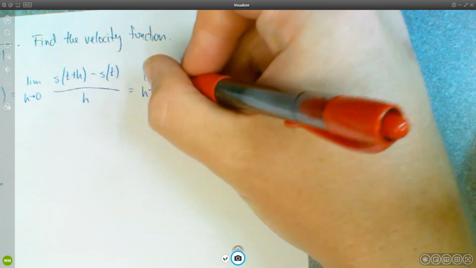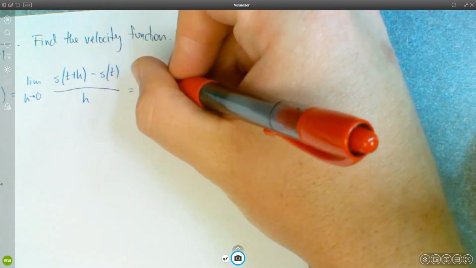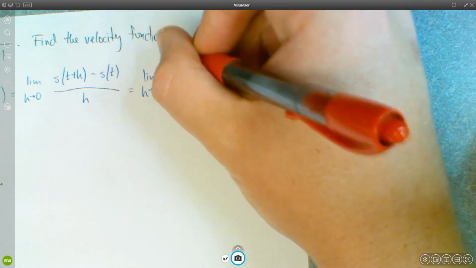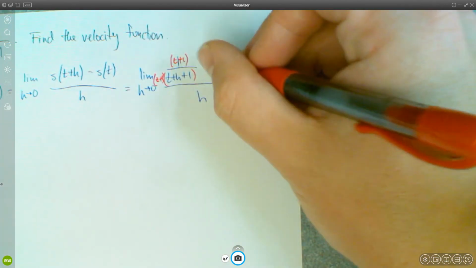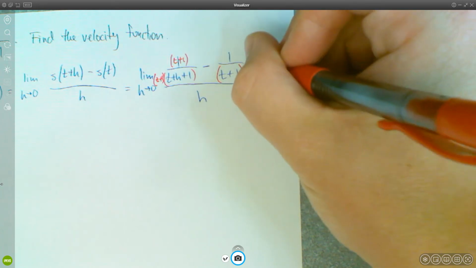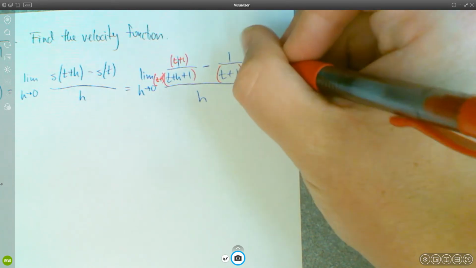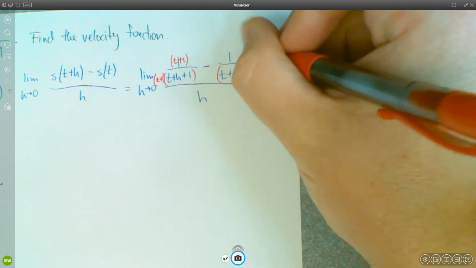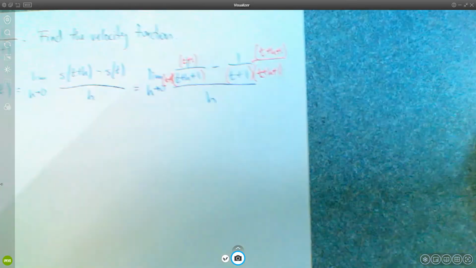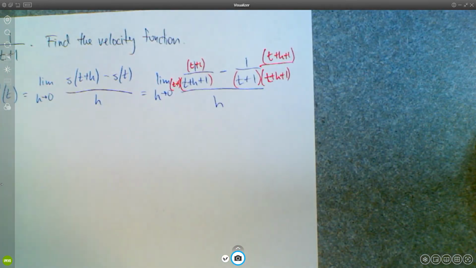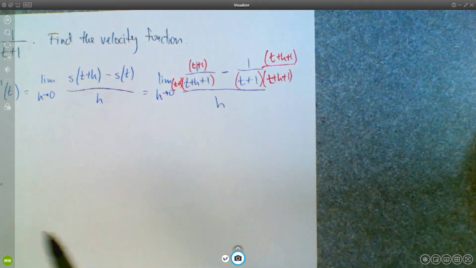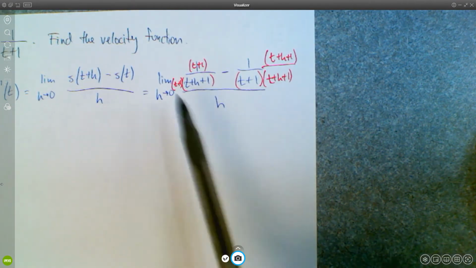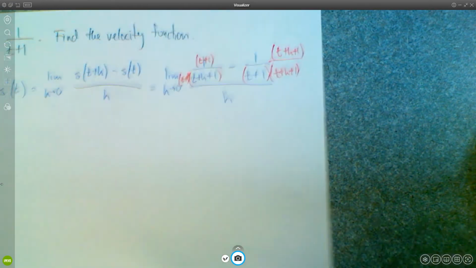So this one I'm going to multiply by t plus 1 over t plus 1, and this one I'm going to multiply by t plus h plus 1 over t plus h plus 1. And notice that now I'll have matching denominators. I'm not going to distribute the stuff in the denominators. I'm just going to worry about the numerators.